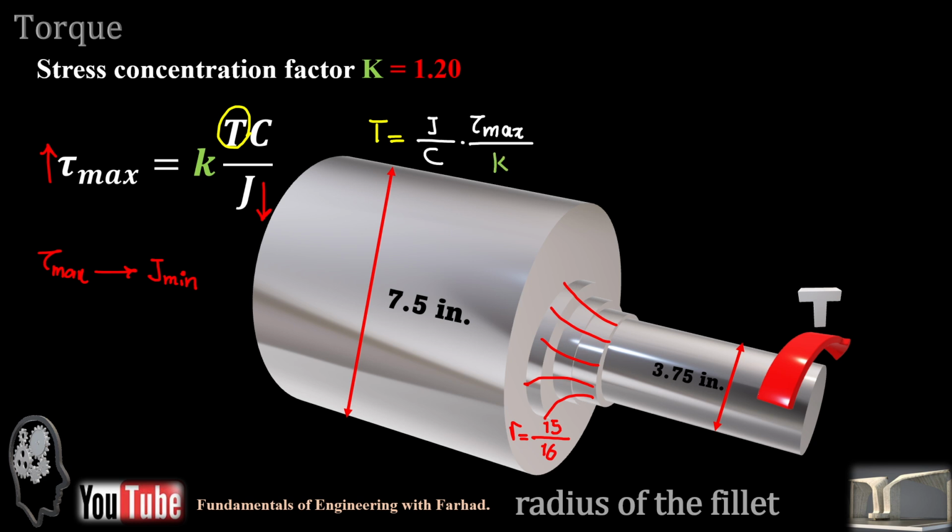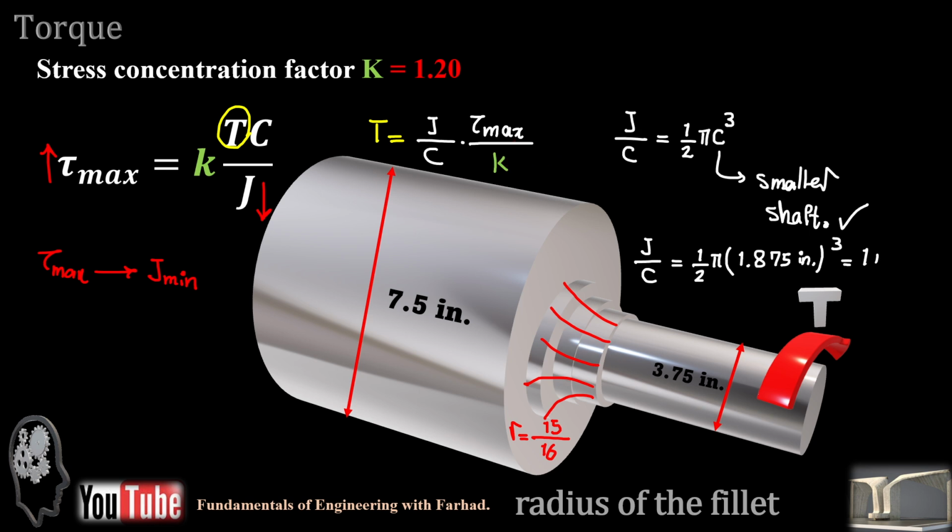So flipping the equation, we get the equation for torsion: T is J over c times tau max over K. We already calculated J over c for the smaller portion of our configuration, which is 10.35 inch cubed, and based on the problem statement, we have an allowable shearing stress of 8 kilopounds per square inch.